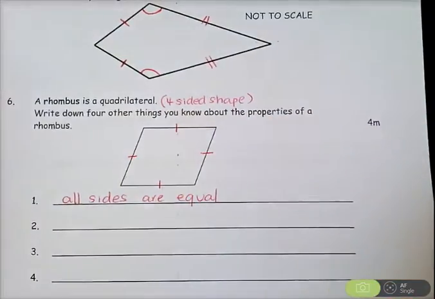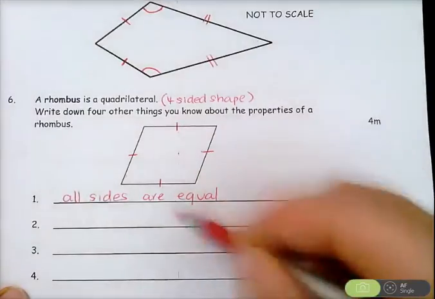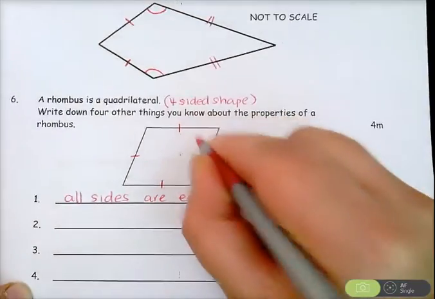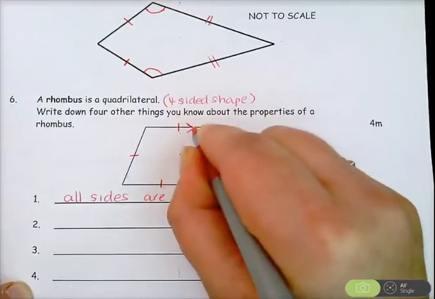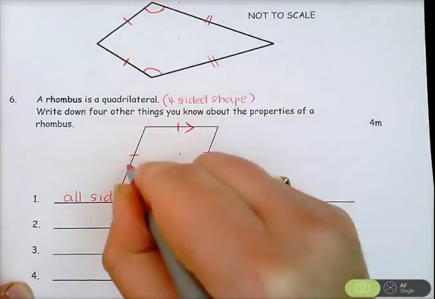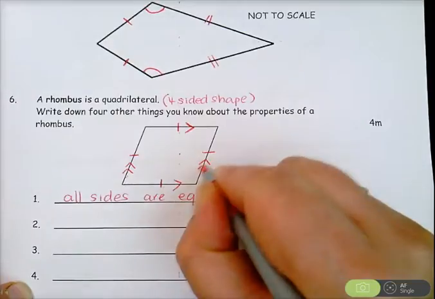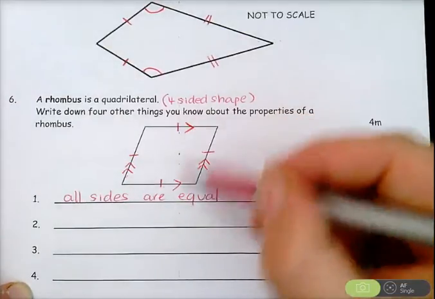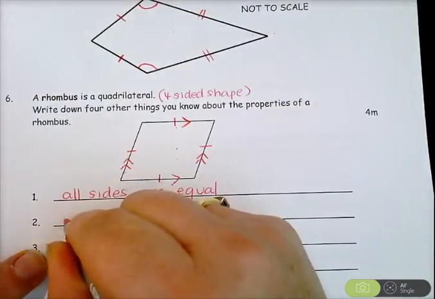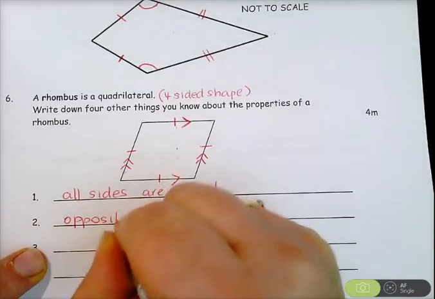Girls, with a lot of the shapes, you've either seen equal markings or parallels. Tell me what you know about the opposite sides. Do you think that's parallel to anything? They're parallel to each other. Yeah. Opposite sides, but how many pairs of opposite sides? That's 1 pair. So, yeah, we can just say the opposite sides are parallel.